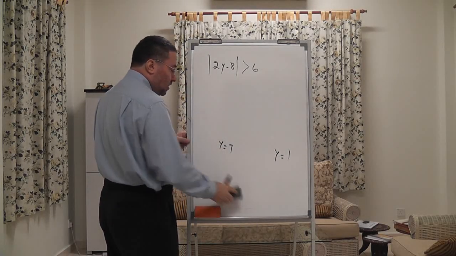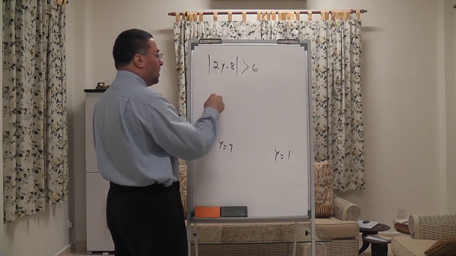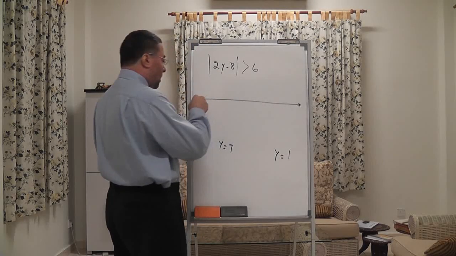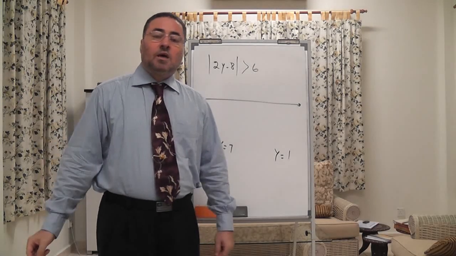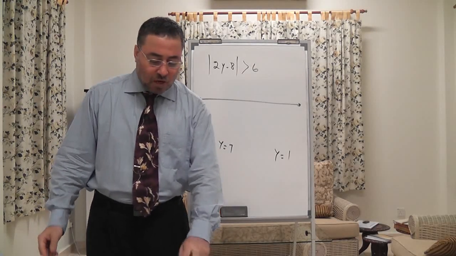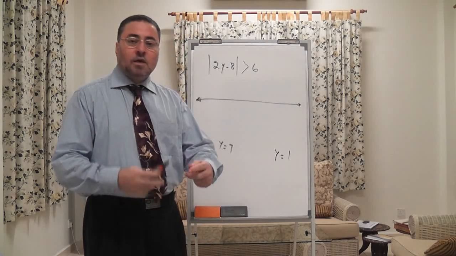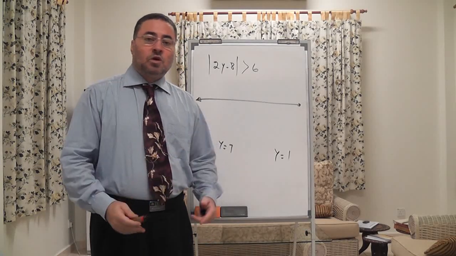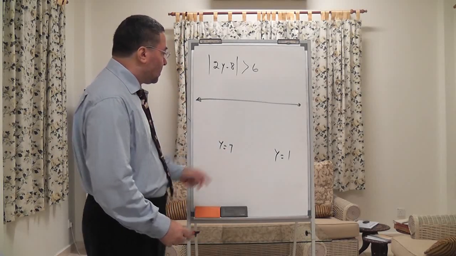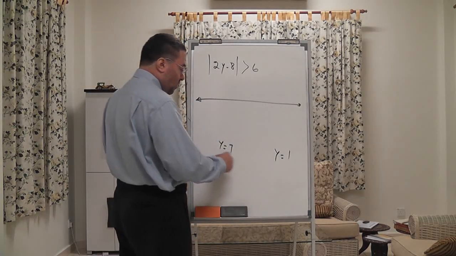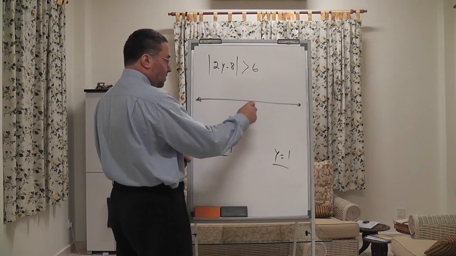I call these the roots for this inequality. This name, the roots, is borrowed from a later chapter that we are going to do. And it is better to use the same terminology so we don't have to learn too many words. So these are now the roots for this.